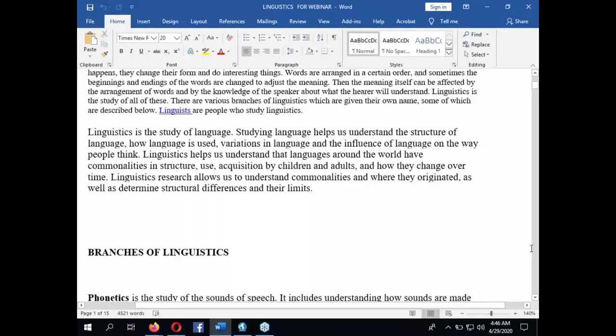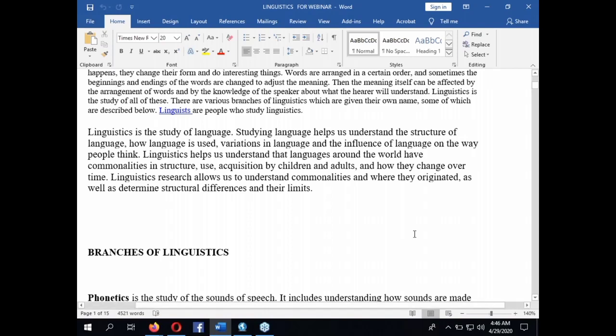How does language affect society? We look at the variations in the various kinds of language, and the influence of language on society, how people use language, why they speak the way they do, and why there are standards which are acceptable. And of course, we'll also look at the origin of language.